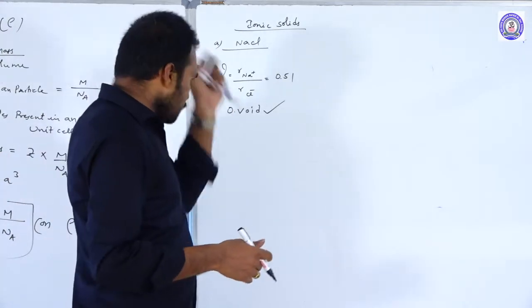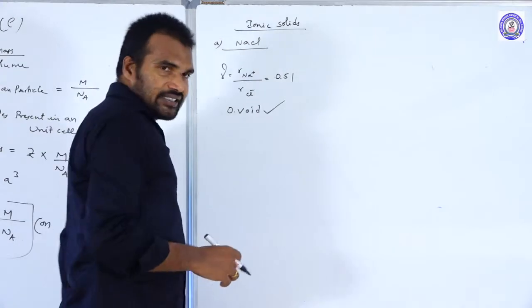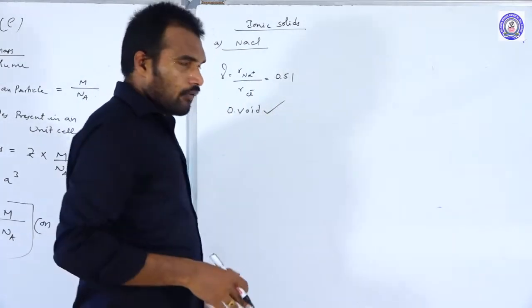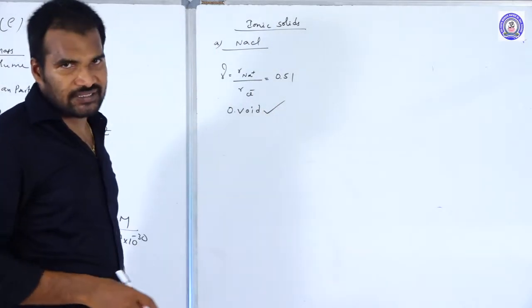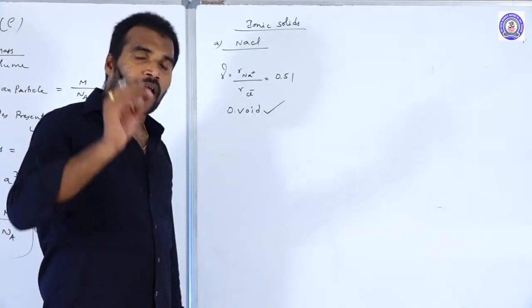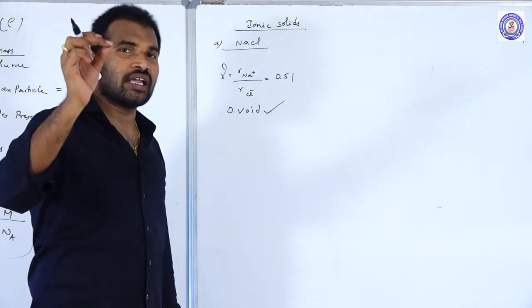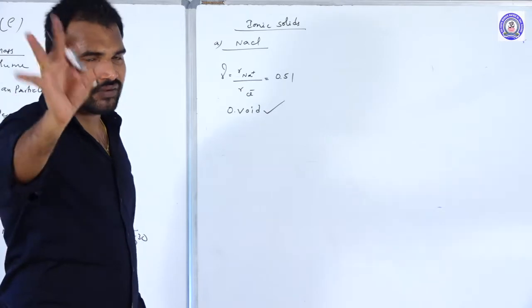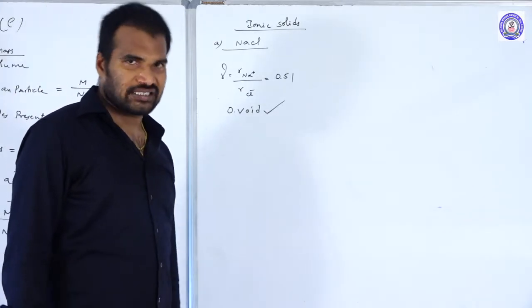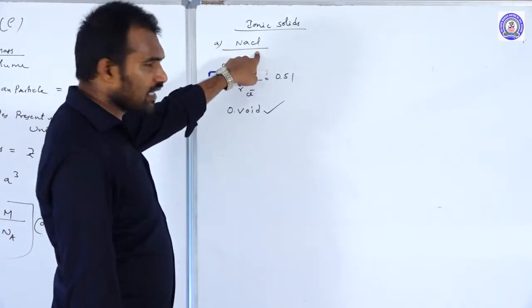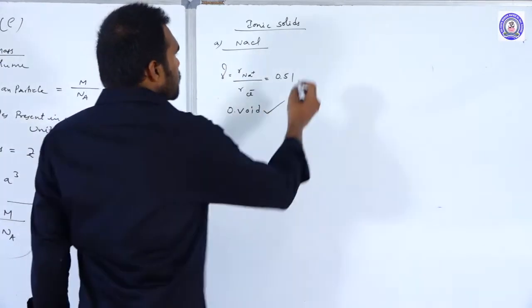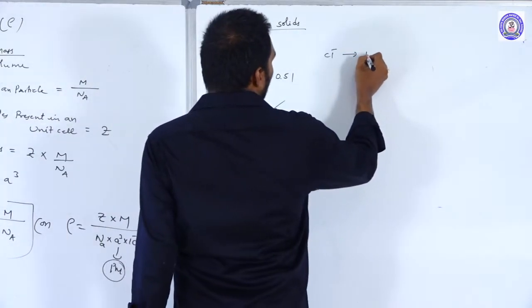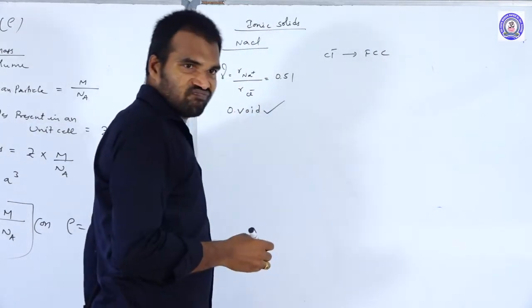Okay. Next, coming to the NaCl: out of cation and anion, which ion will form the FCC lattice? That is a point you should know. Always remember that among the two ions, the ion which is large in size will always form the crystal lattice. Na+ and Cl-, Cl- is larger. So the Cl- ion will form the FCC lattice.